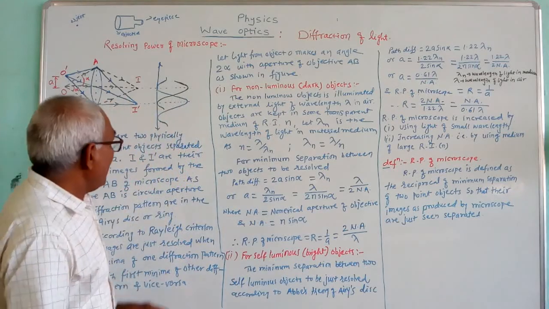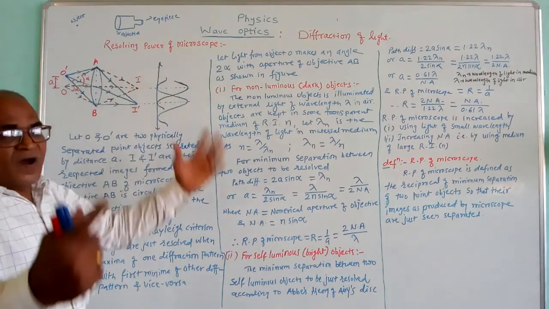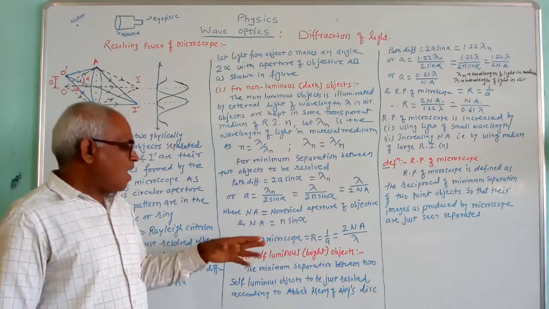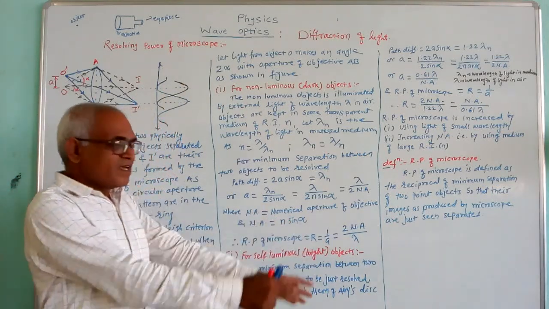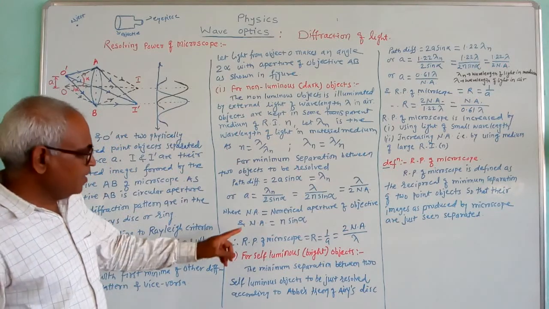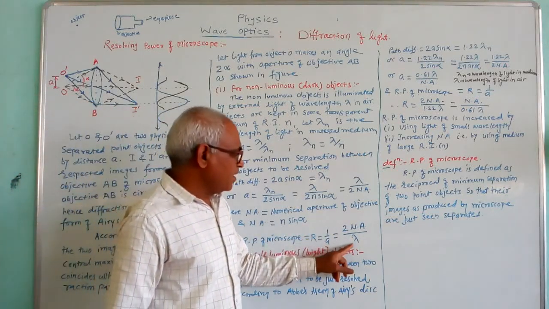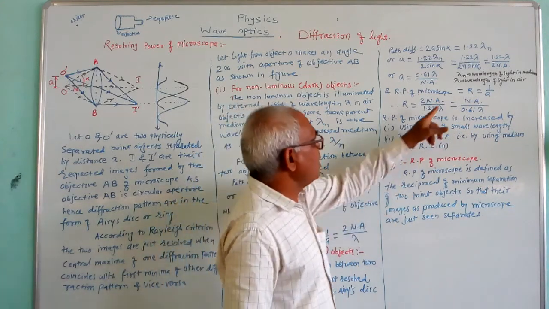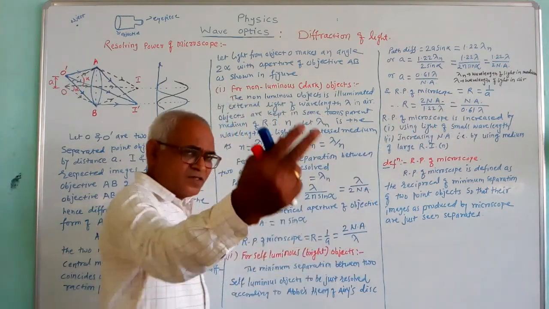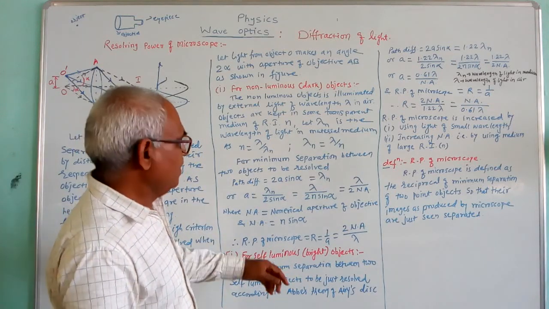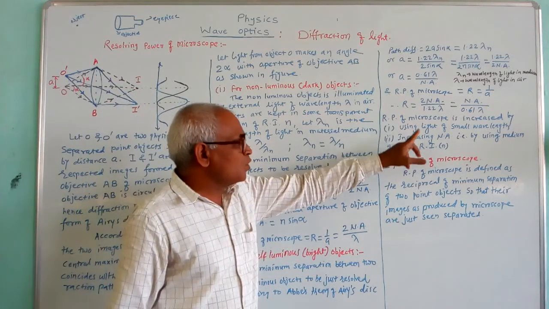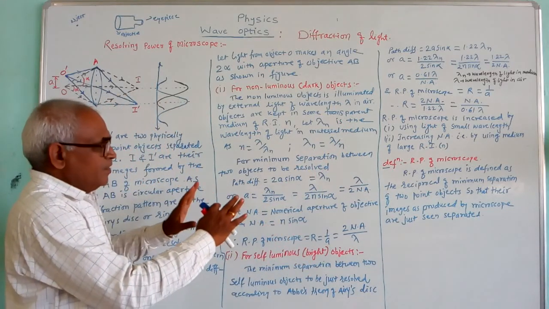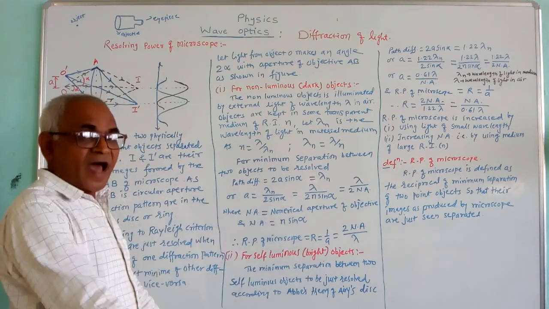Now so as to increase the resolving power of the microscope, either in the case of non-luminous or self-luminous objects, the resolving power depends upon the wavelength of light used and the numerical aperture. Therefore, so as to increase the resolving power of the microscope, the wavelength of light used should be small and the numerical aperture should be large.